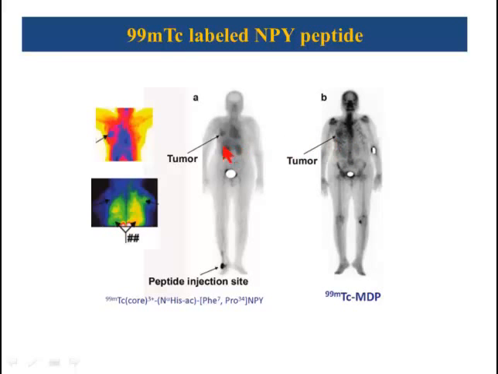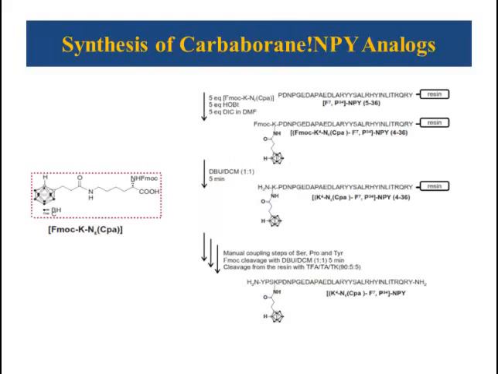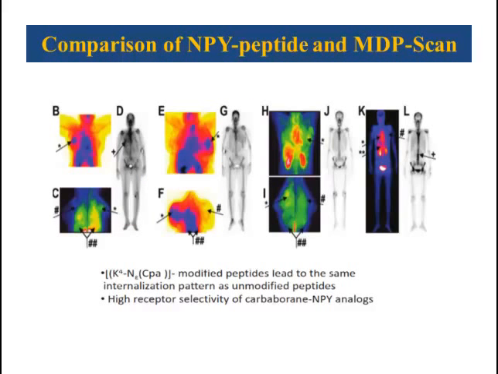The modified peptide is a small molecule, but it acts exactly as a peptide. It's about 30 minutes preparation, and the synthesis is of a carbonate MIBI analog. So here again you can see more than one example of biodistribution. There is high receptor selectivity actually for MIBI.